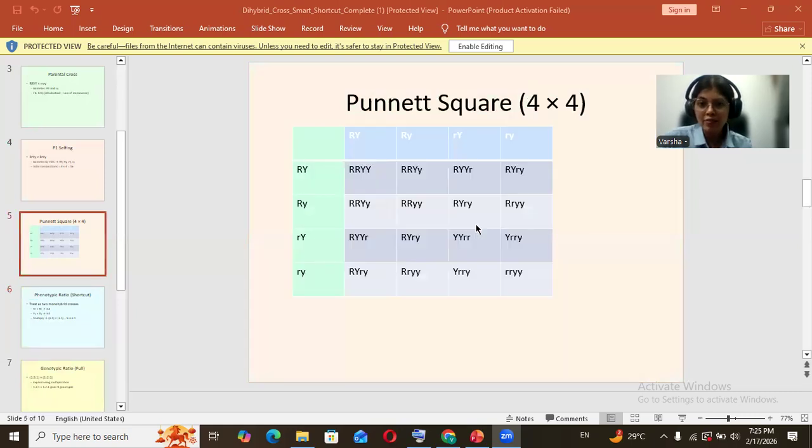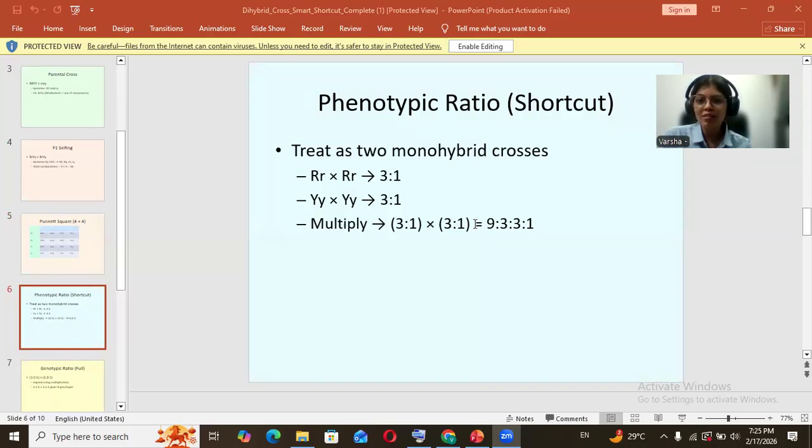You can understand it from the Punnett Square also, but it is not feasible to make a Punnett Square for the F2 generation in every single question in an examination. So we learn a shortcut method, where we treat the dihybrid cross as two monohybrid crosses.